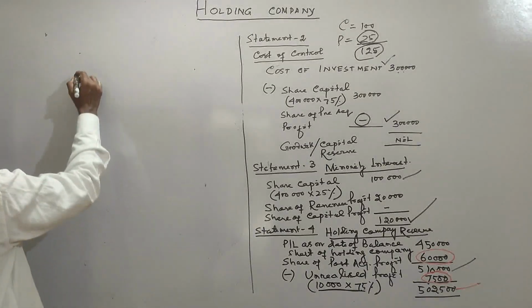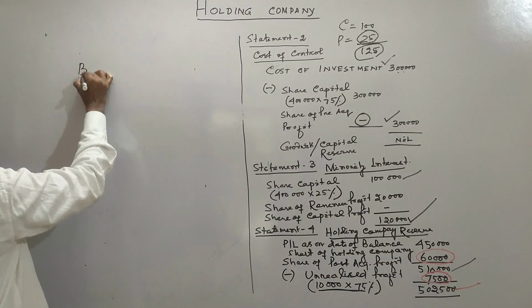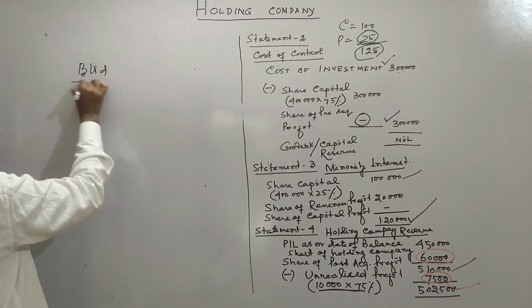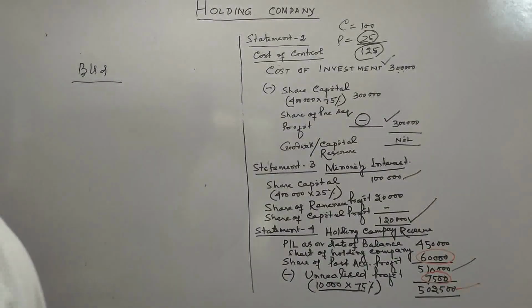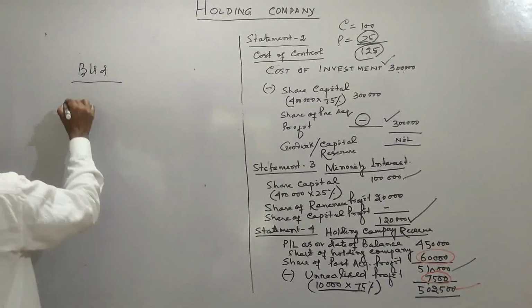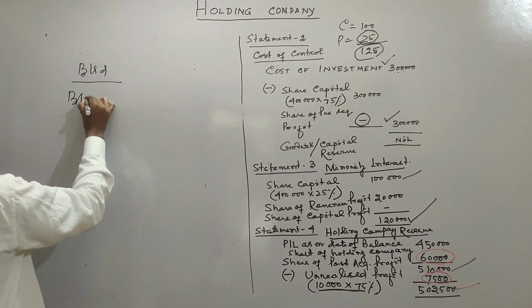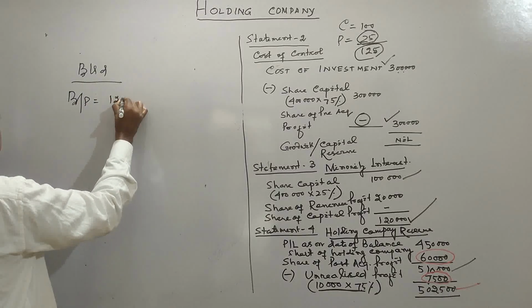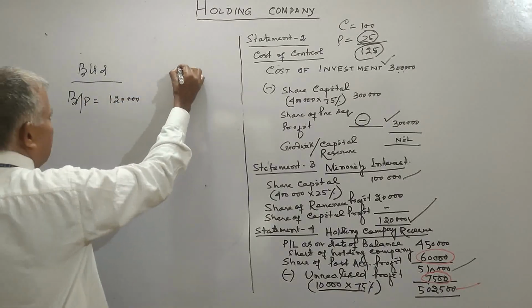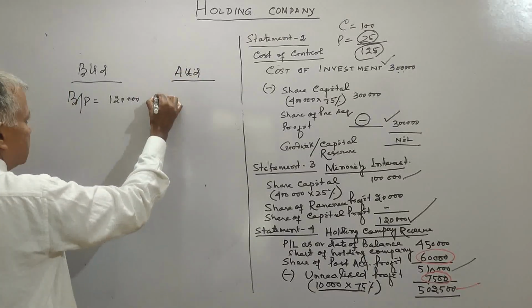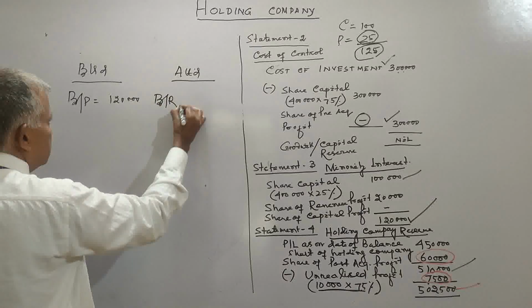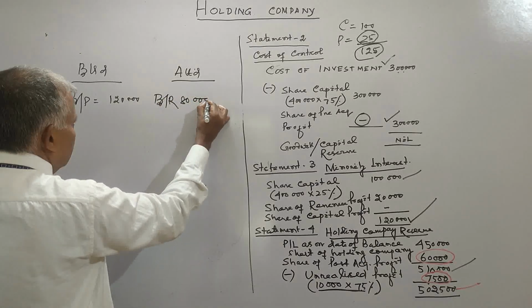Let me explain. If you take the B Limited balance sheet, bills payable is 1,20,000. If you take the A Limited balance sheet, bills receivable is 80,000.